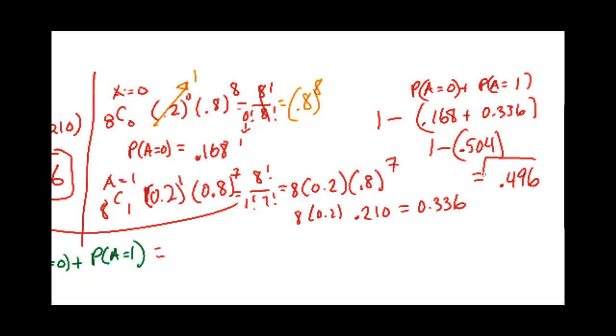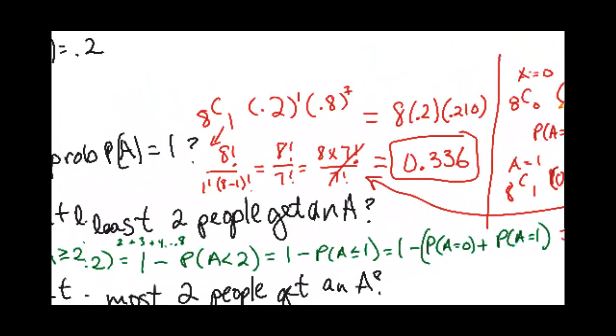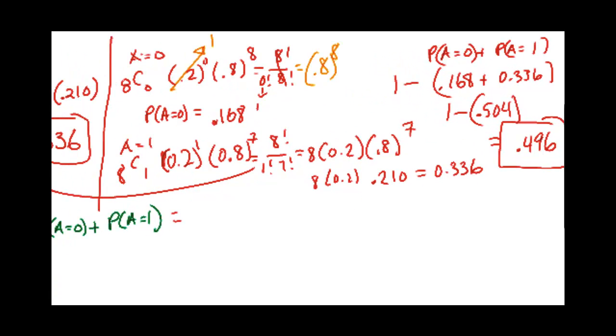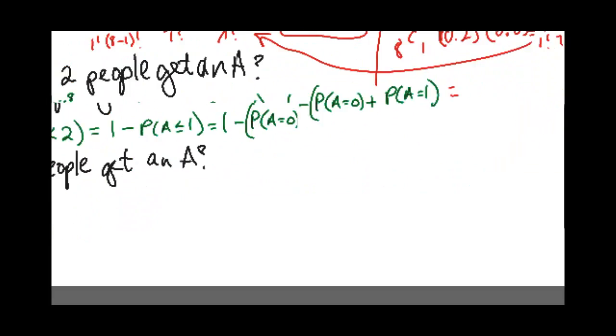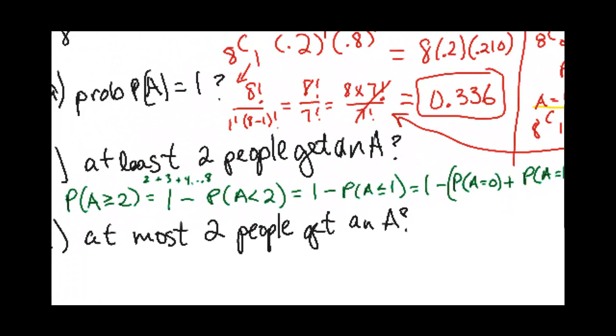Alright, so that would be the answer for at least 2 people got an A. Just recapping, what we did was we found A equals 0, A equals 1, add them together, and then did the complement following this logic in green here. Make sure you understand that logic, because if you don't, then you'll be in trouble.